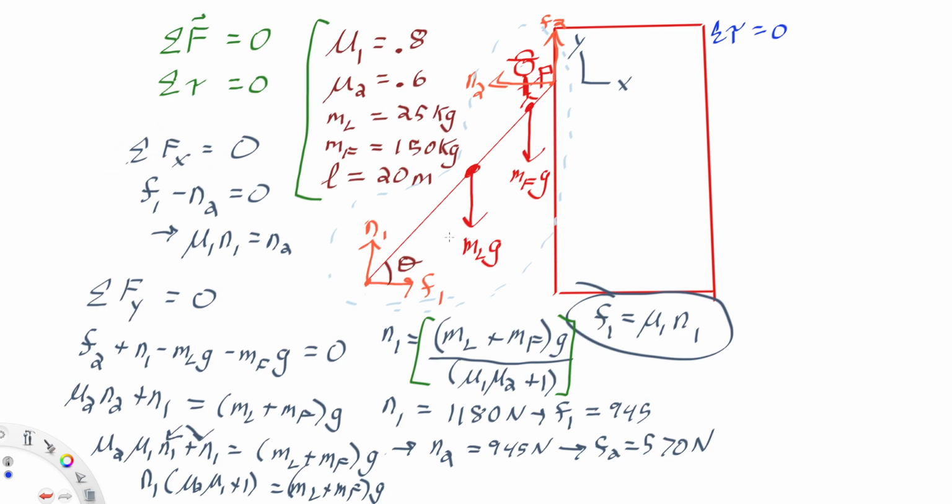If you choose your axis in the middle, then the weight of the ladder produces no torque, and you just have to balance the other 5 forces. And if you choose your point of rotation at the top, that means that all of the forces at the top produce no torque, so you just have to balance the other 3 forces. So since everybody voted bottom, we're going to do bottom.